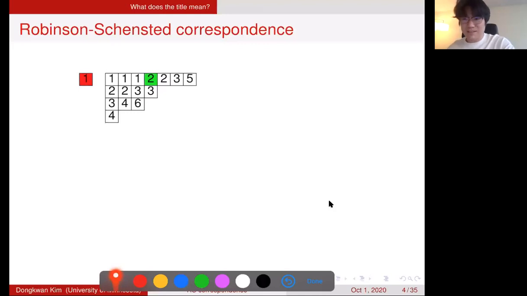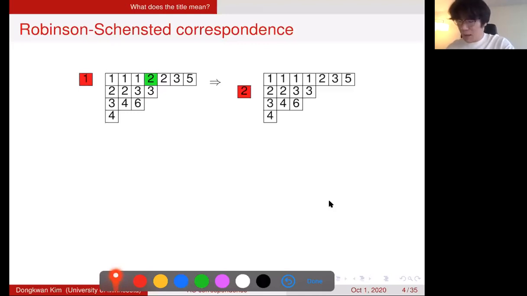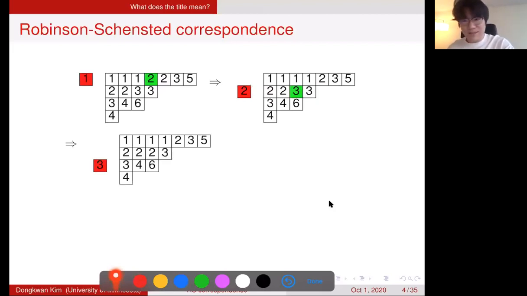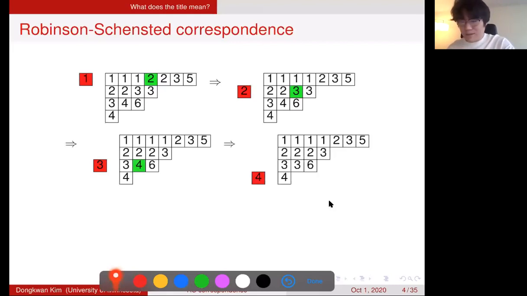So this is 2 in this case. You bump it, replacing this 2 with 1, and this 2 is bumped out. Now you look at the second row and see that 3 is the number you need to bump. So you do the same thing. Here is 4. And finally, you have 4, and here 4 is not bigger, so you cannot bump 4 here.